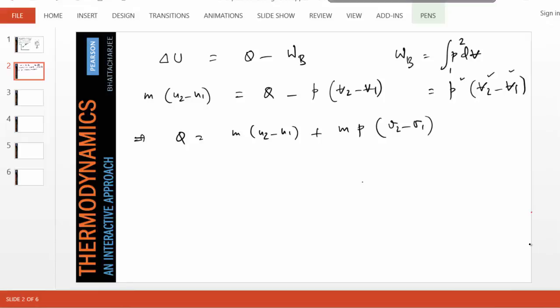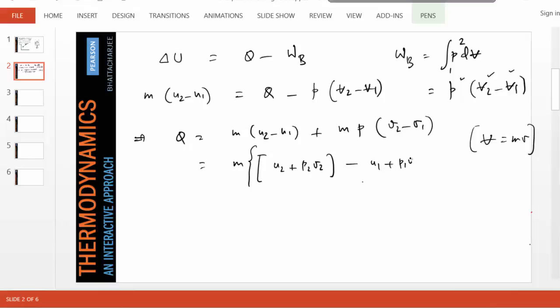You get it? Because we know volume is nothing but mass times small v, specific volume. If you take mass common and manipulate this equation, you can write this as U2 plus P2 V2 minus U1 plus P1 V1. See if you agree.